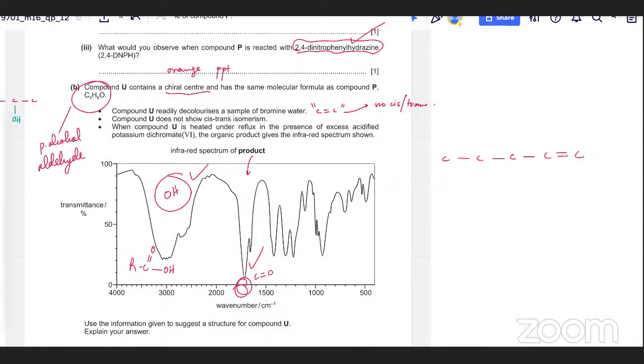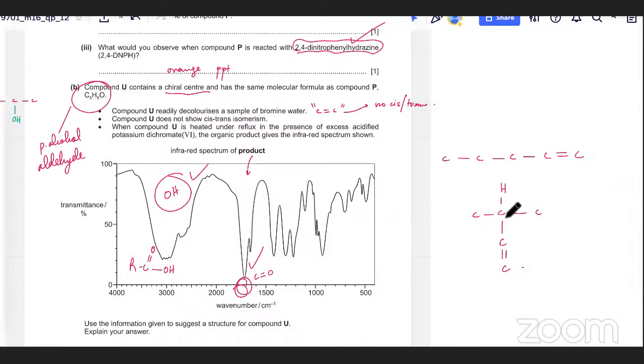I have five carbon atoms, with an H on one side. Let's put one carbon over here, and a double-bonded carbon over here.